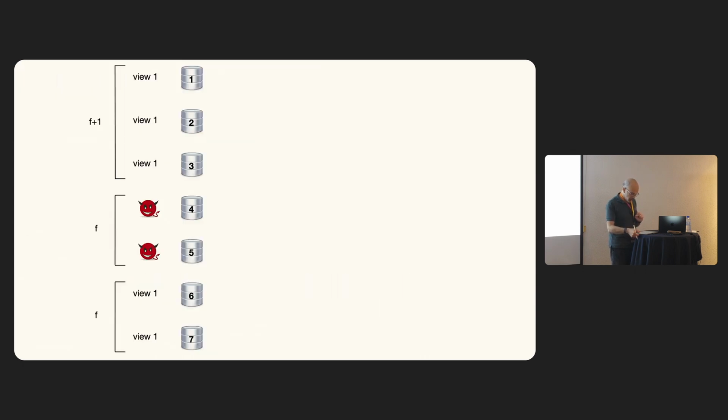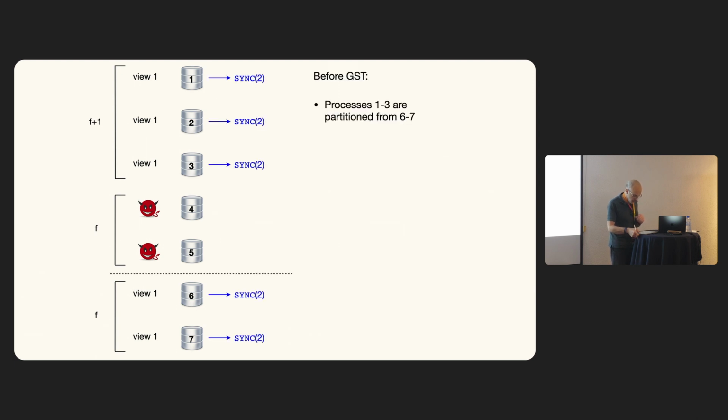Okay. So here I have an example to contrast what could happen with how we can act on inconsistent, mismatching views. Let's say this is the situation that we can get to after GST occurs.